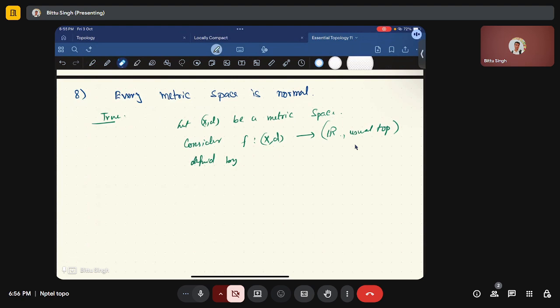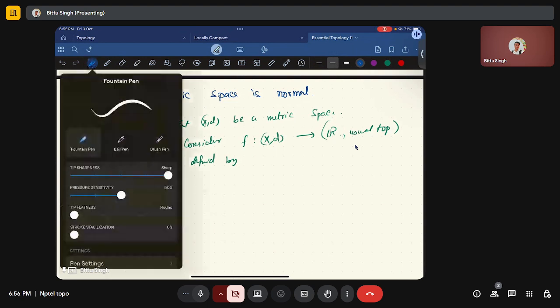So to prove something is normal or not, we need to choose two disjoint closed sets, right? So a topological space X is normal or not, how do we check? We take disjoint closed sets A and B, and we need to see if there exist open sets which separate those closed sets.